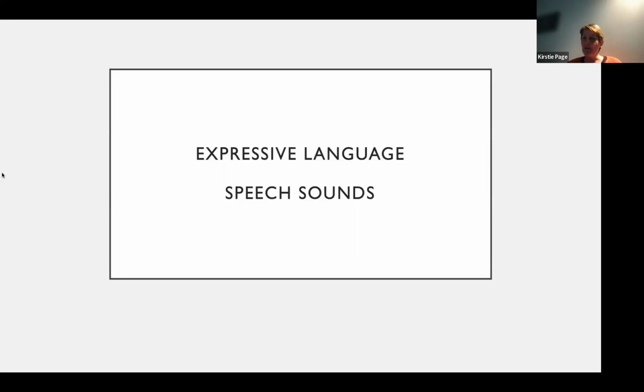So for those of you who have been involved in the earlier CPD, in the first session, we talked about that first and most fundamental part of the speech, language and communication skill flow, about how children really needed to have those early communication skills in place so that they could develop two-way communication, so that they could tune into people, so that they understood the cause and effect of communication even before they had words.